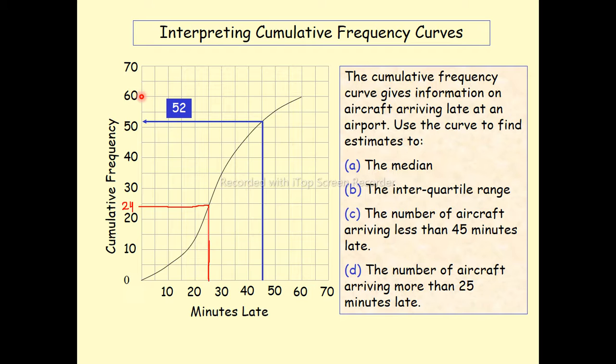We want that group who is less than 25 out, because we want only the ones who got more than 25. And we know that there were only 24 of them who got less than 25. So we're going to say 60 minus 24. That's the idea. So 60 minus 24 gives us 36.